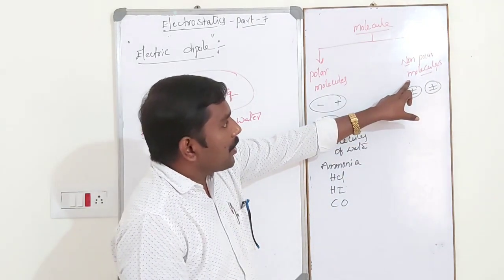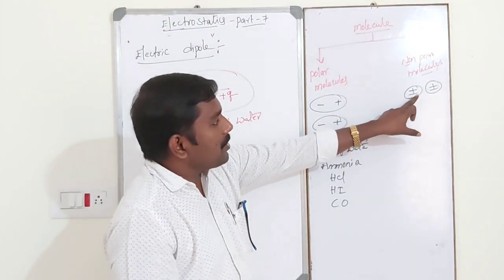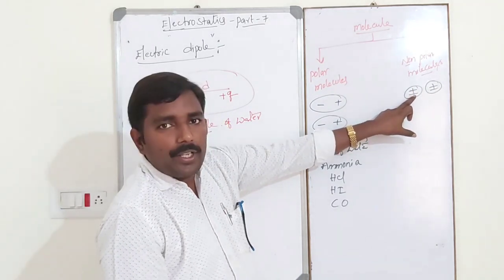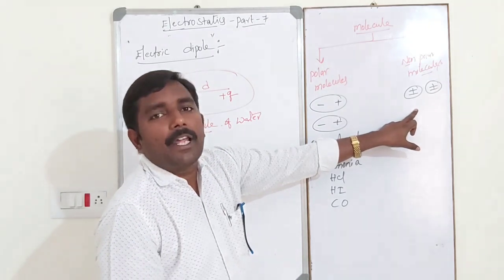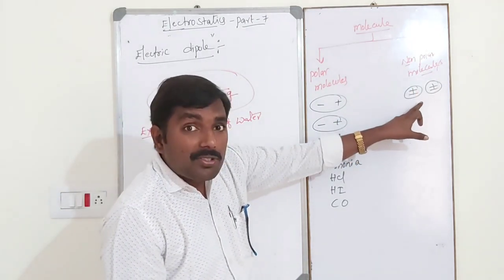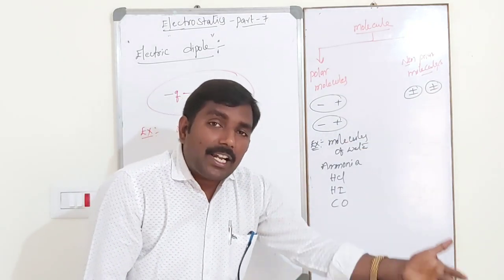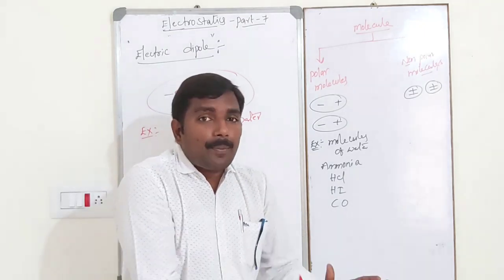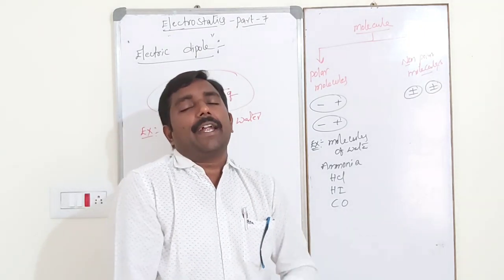In the case of non-polar molecules, the center of positive charge and center of negative charge coincide. It does not possess permanent dipole moment. Suppose these non-polar molecules are kept inside an external electric field: the center of positive charge and center of negative charge get separated.